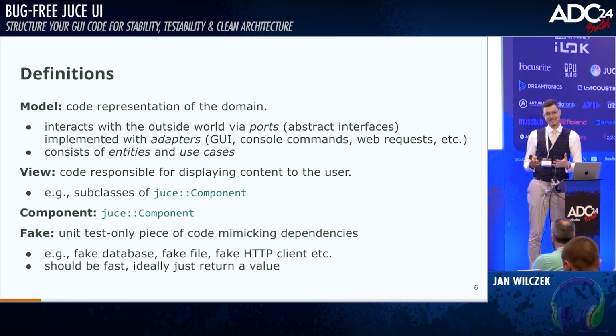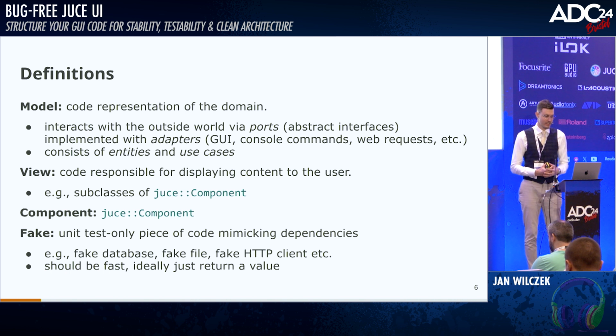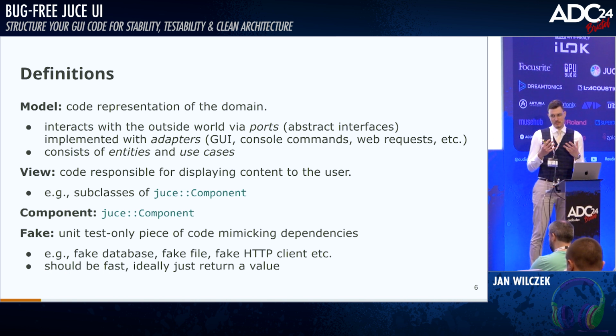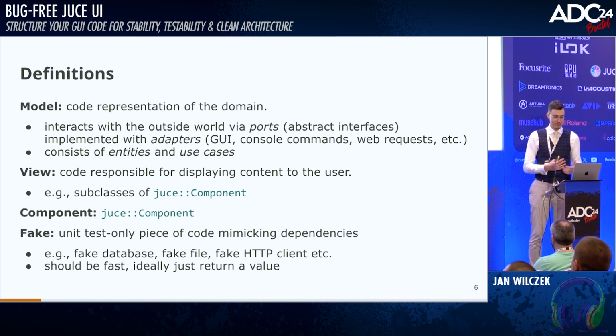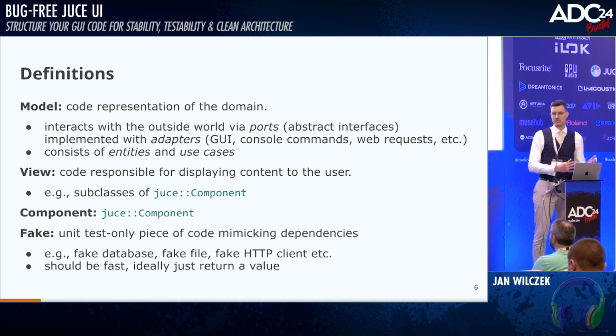So these are the entities, software representations of real-world objects, and code that acts on these entities is called use cases. And use cases orchestrate how these entities collaborate. And the model interacts typically with the outside world using so-called ports, but it is typically oblivious to what these ports are, and the model typically doesn't know that there is a GUI, there is a command line, etc.